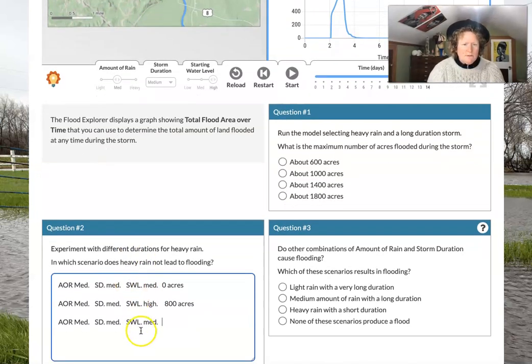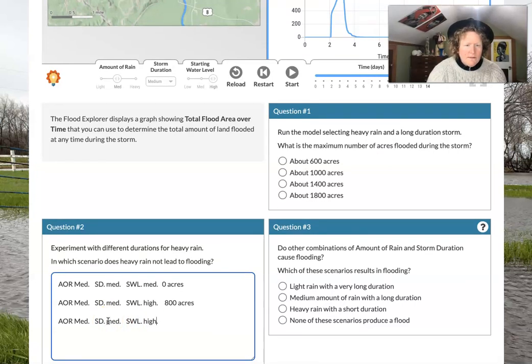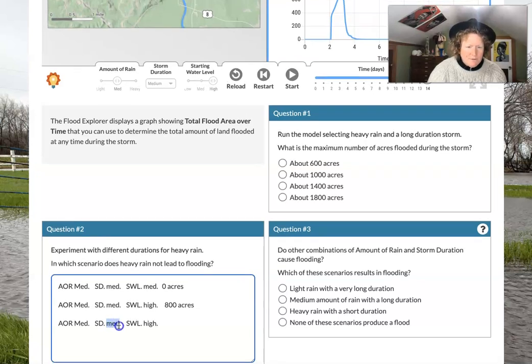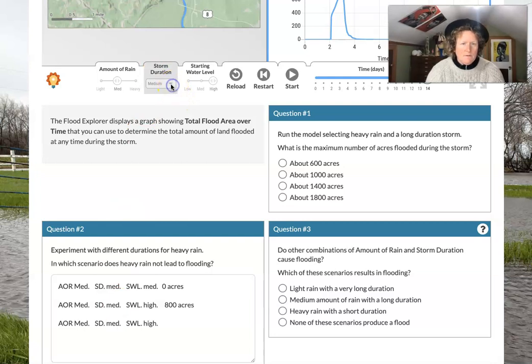Let's get the starting water level high here. And let's pump the storm duration up. Let's reload. Let's go very long.